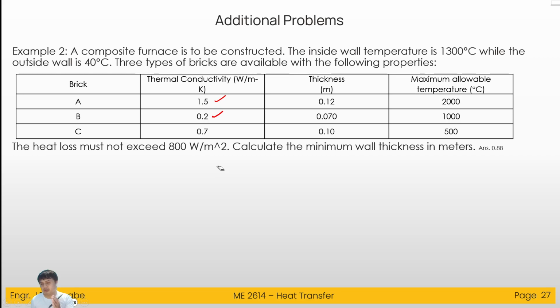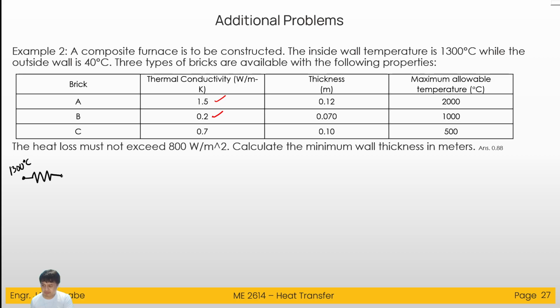A lot of times when we are designing, for example, furnaces, we are faced with this problem, and of course we should use the most practical material, and usually also the highest resistance material with the highest allowable temperature. So to begin with that, we can imagine first if we use three bricks only.